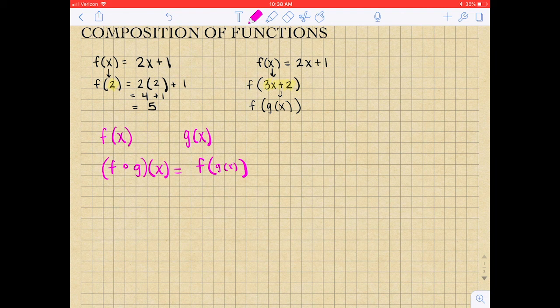Okay, you can also compose g composite f of x, and that says you're taking the g function, and for every x that you see, you are evaluating the f function.